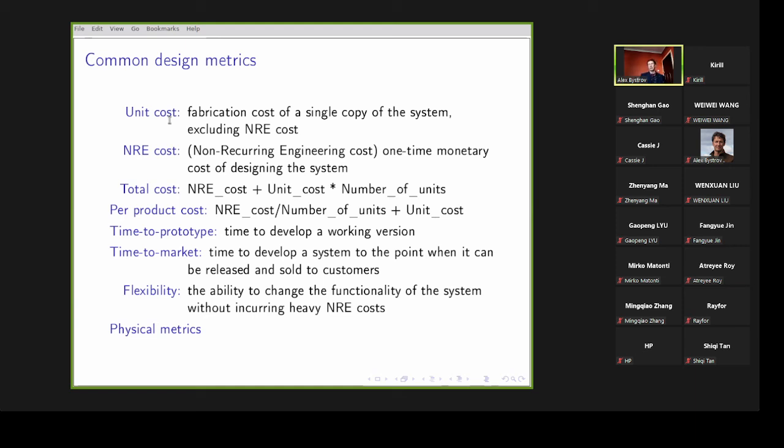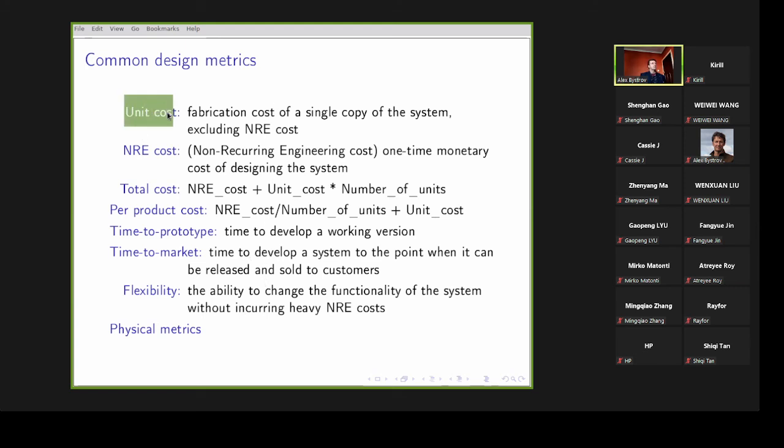You're probably familiar. You're engineers. You're familiar with those. Economics metrics. They're quite important because whatever we do, the purpose of that is to eventually sell the product. So I just decided to drop here a few economics metrics.